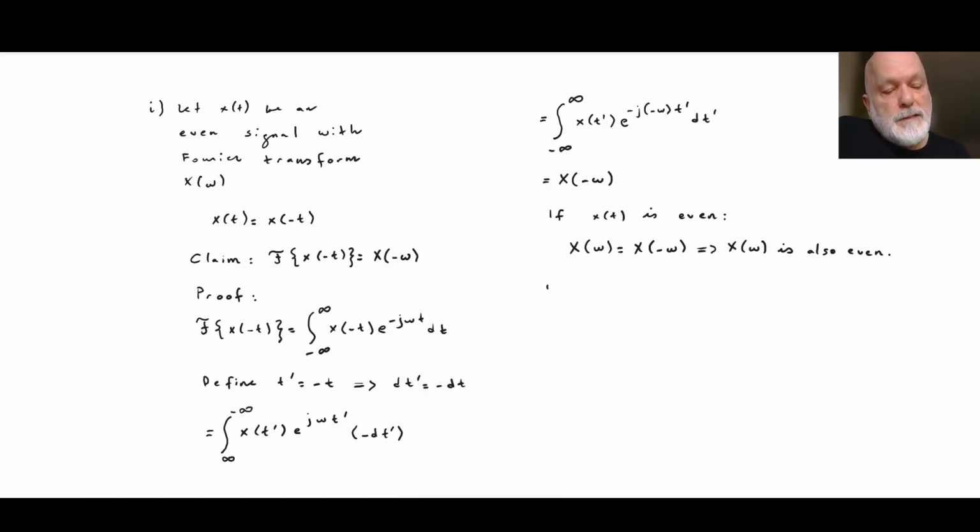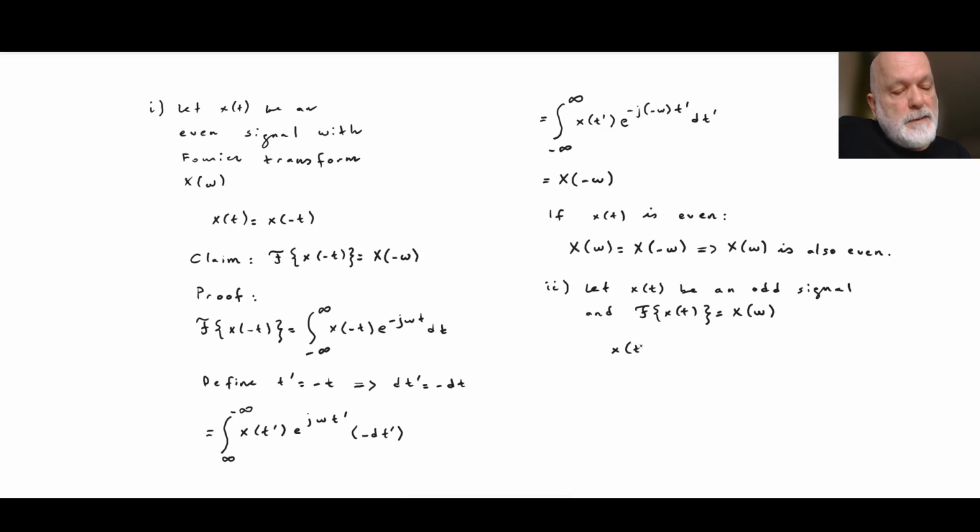Now for odd signals, we have a similar result. Let x of t be an odd signal, and Fourier transform of x of t is X of omega. Now, x of t is an odd signal, therefore x of t is equal to minus x of minus t.